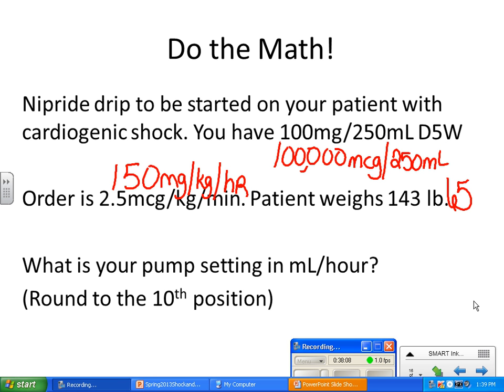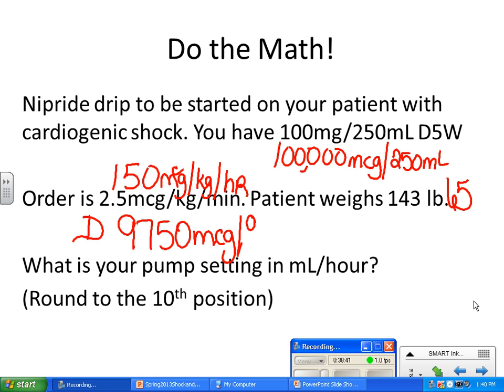So now we need to find out for the patient how many micrograms per kilogram per hour. So how many micrograms per hour based on the number of kilograms? What are we going to do with that? So 65 times 150, right? So what does that give you? 9,750 micrograms per hour. That's our desired.